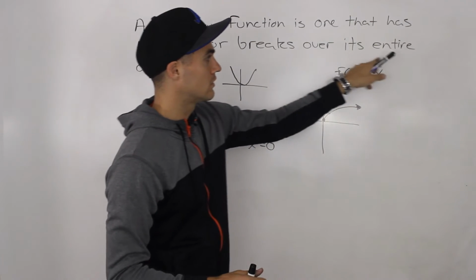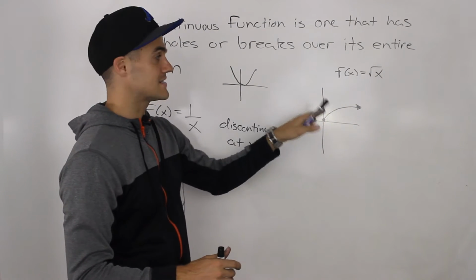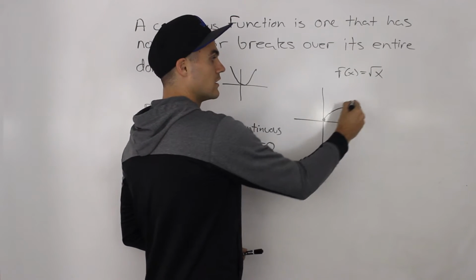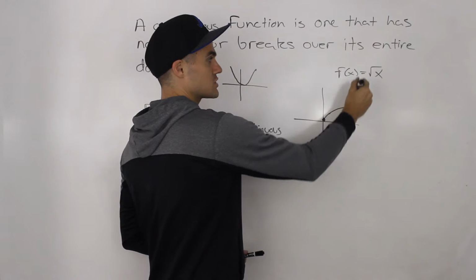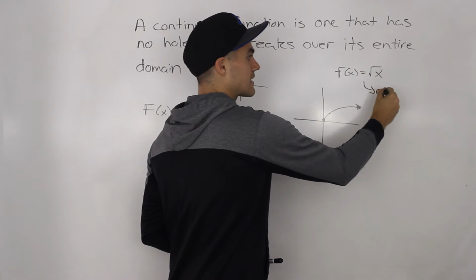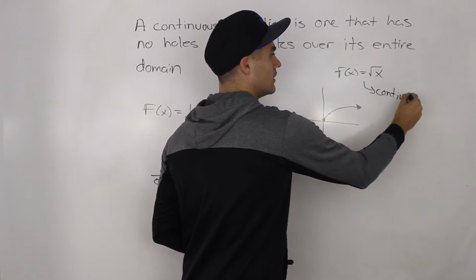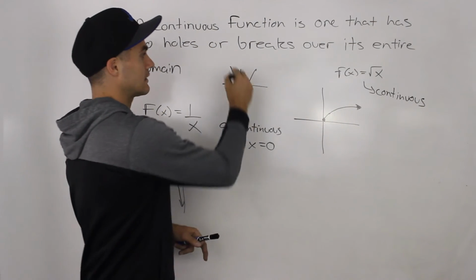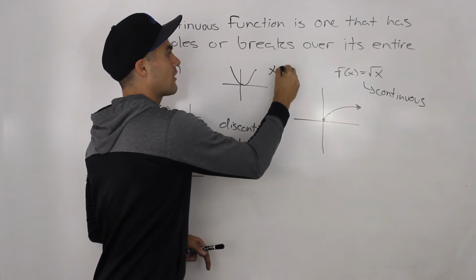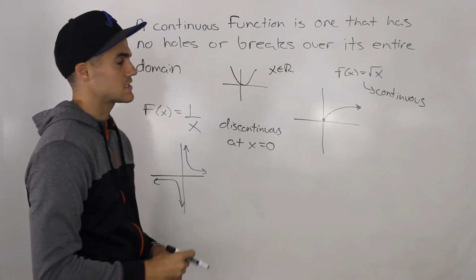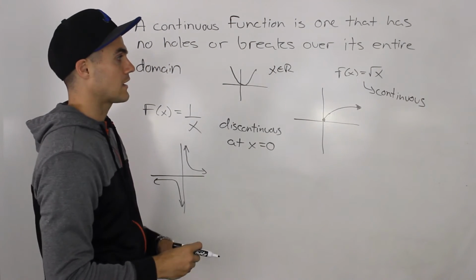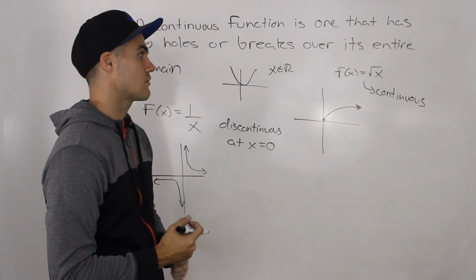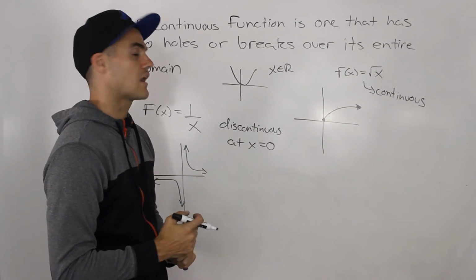So over the square root of x's domain, x greater than or equal to 0, there's no holes or breaks on the function, so this is considered a continuous function as well. So just be aware of that. The domain of a function doesn't have to be all real numbers, like for x squared, for a function to be continuous. It can have a limited domain as long as over that domain there is no break, then a function is considered continuous.